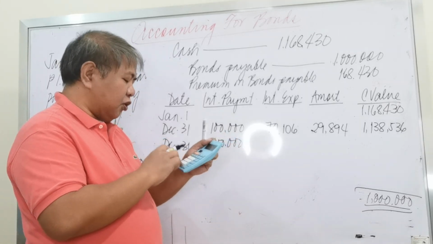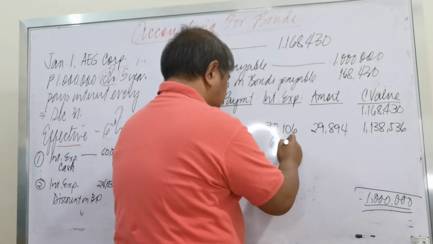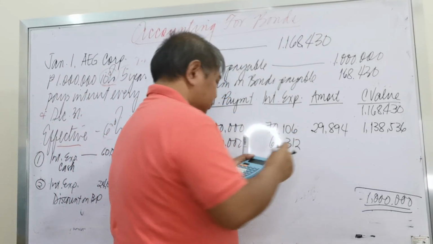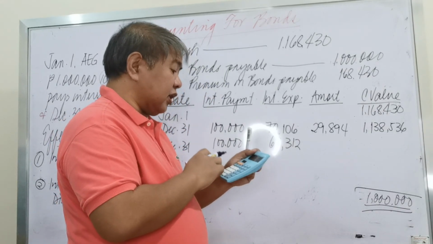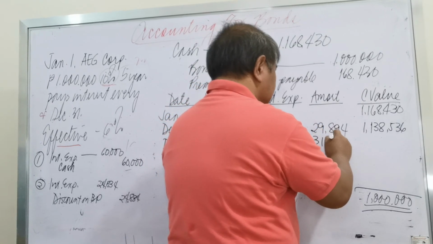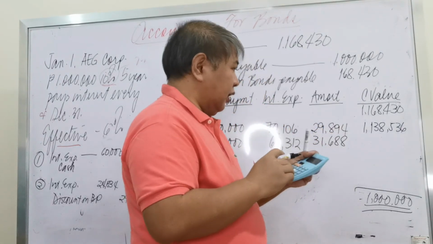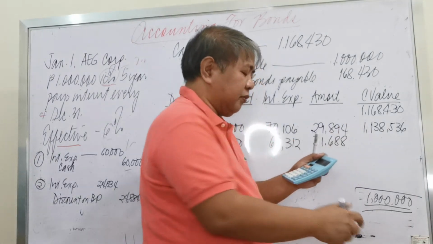So therefore times 0.06, 68,312. So plus 100,000. So this will be 31,688.